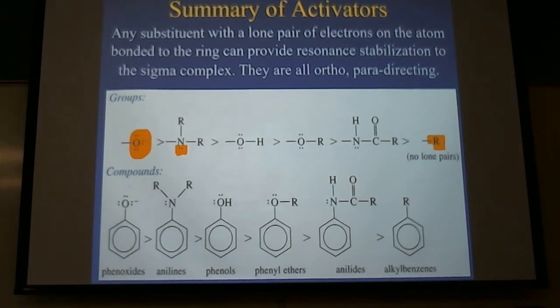So there's a ranking in your activators. Something with a negative charge is going to be a stronger electron donating group than something without the negative charge. Now, some of these things are common sense. But that would be your ranking in terms of how activating a group is.